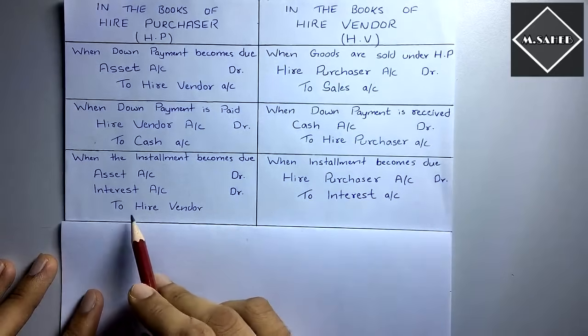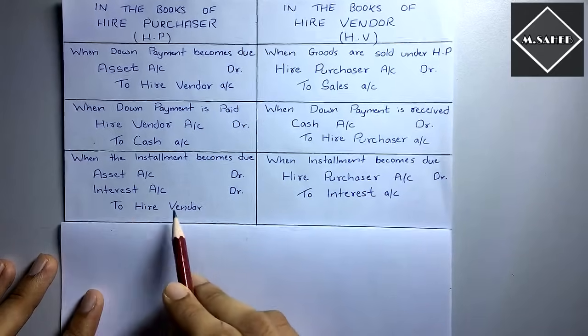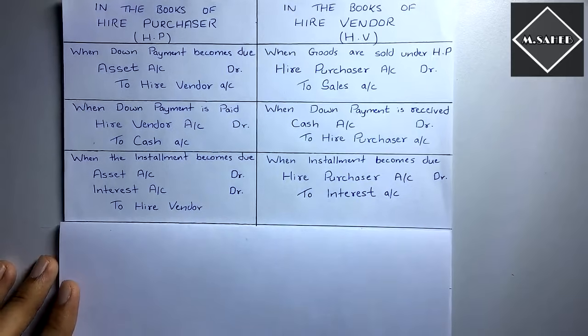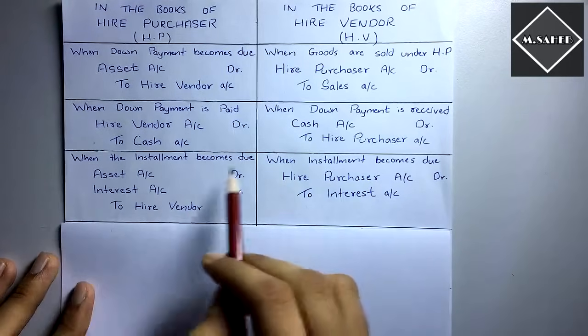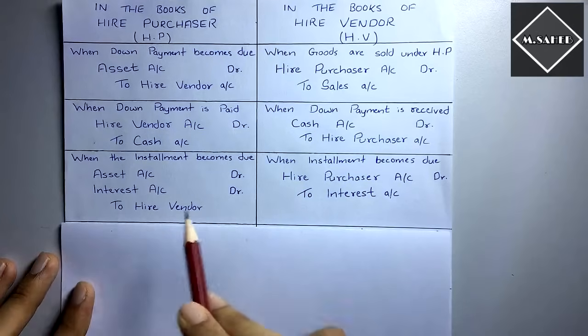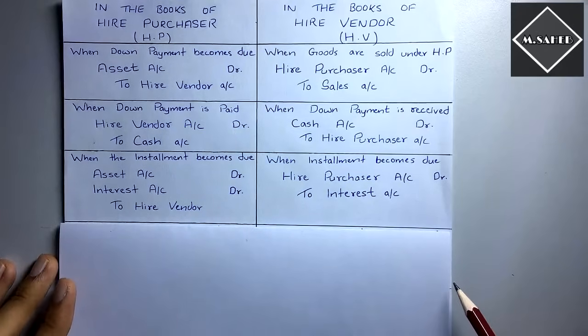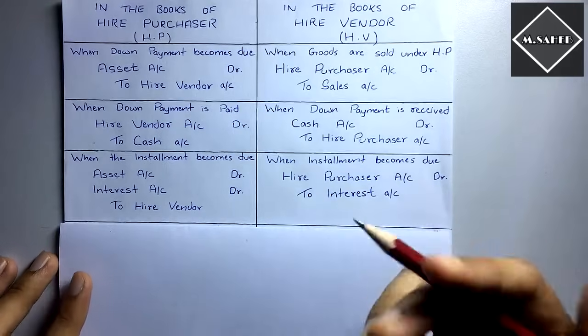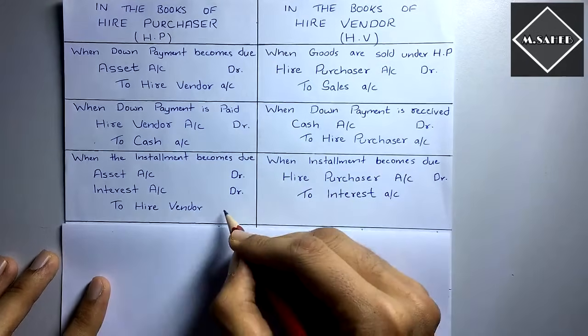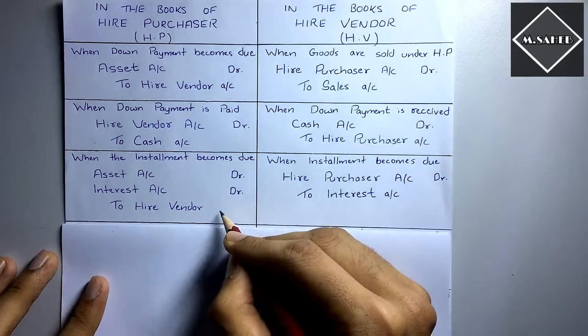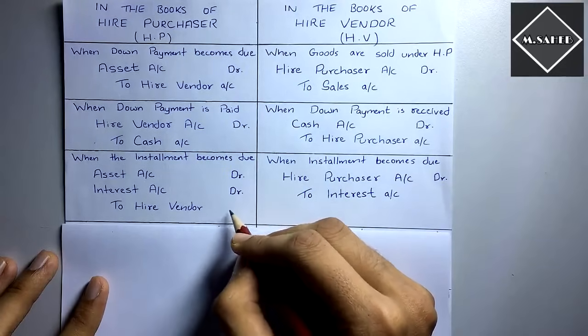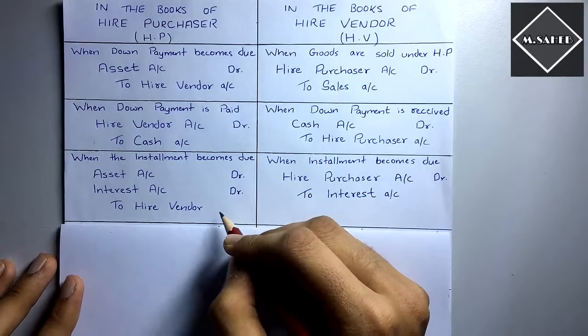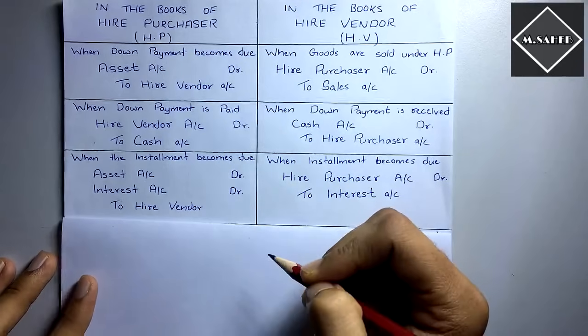It is paid to the hire vendor. So asset account debit, interest account debit, to hire vendor. This is the due entry. Liability is being created over here. Again the same thing, the hire vendor is a creditor and the creditor is increasing, so liability increases, we credit that.